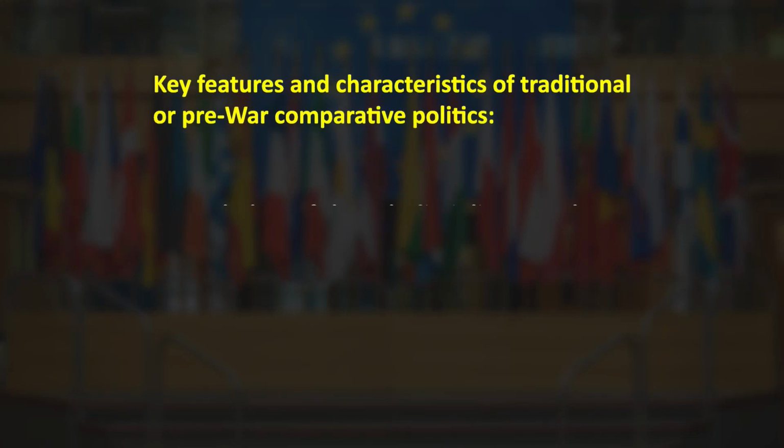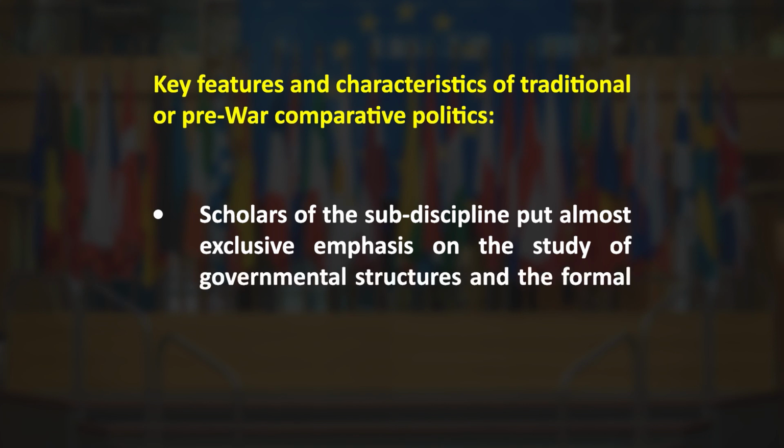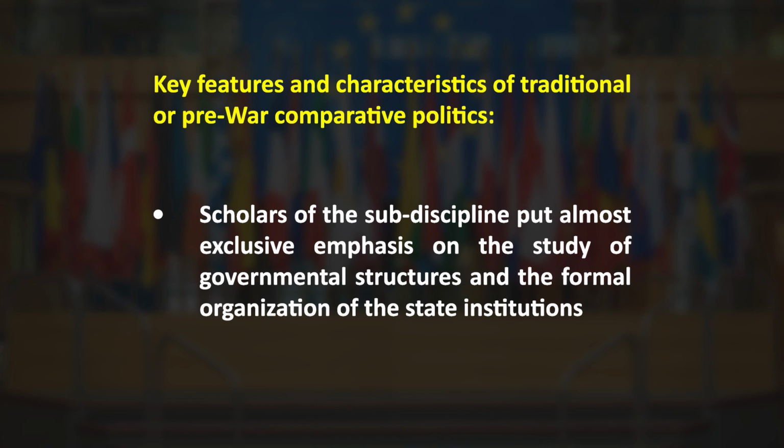Some of the key features and characteristics of the traditional or pre-war comparative politics that can sum up the evolution of discipline in this phase are: number 1, the scholars of sub-discipline put almost exclusive emphasis on the study of governmental structures and the formal organizations of the state institutions.